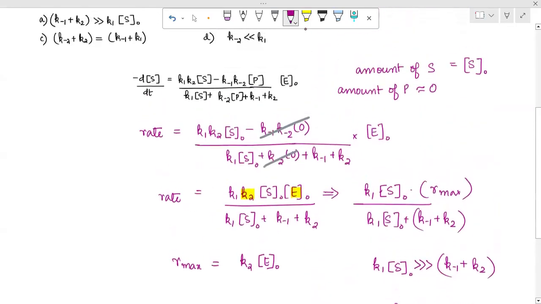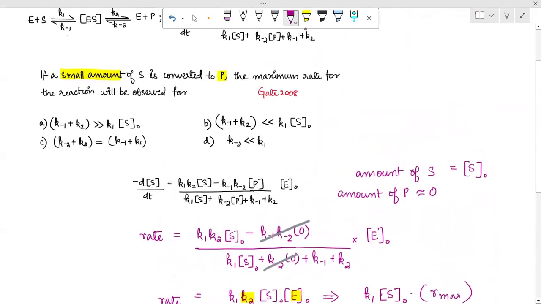So when you assume that at any point of time that they have given that only a small amount of S is converted, we'll assume that, let's say, from out of 100, only 0.0001 units of reactant has been reacted, of the substrate has been reacted. So this is approximately equal to 100.